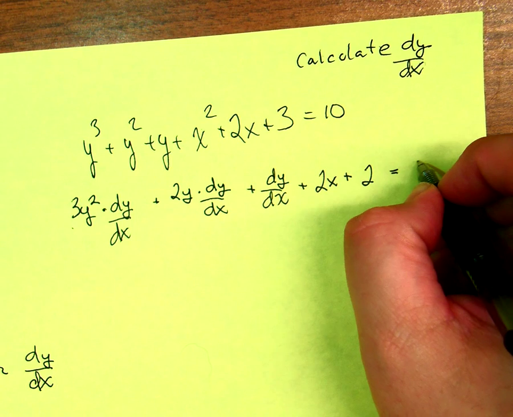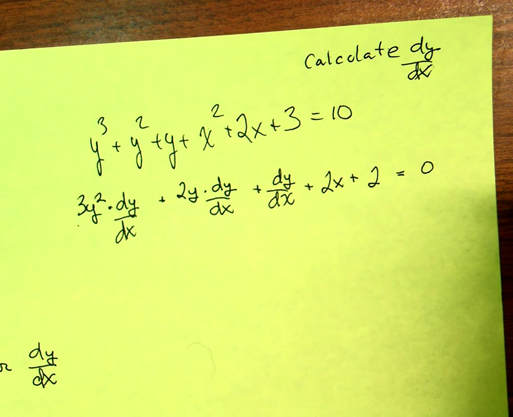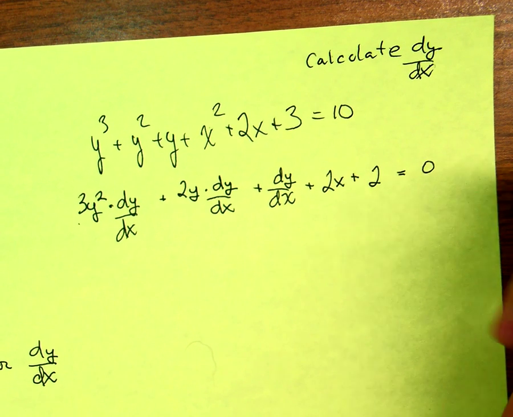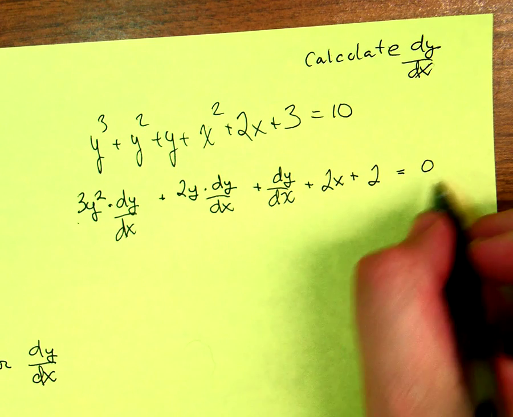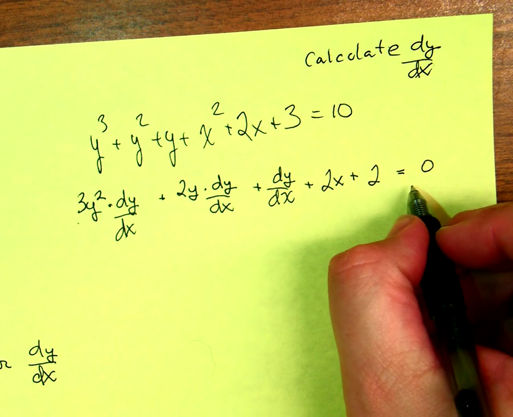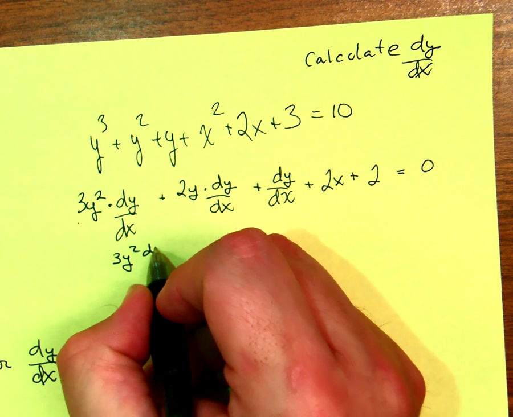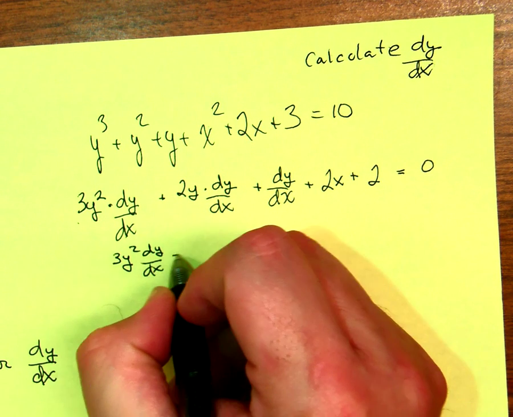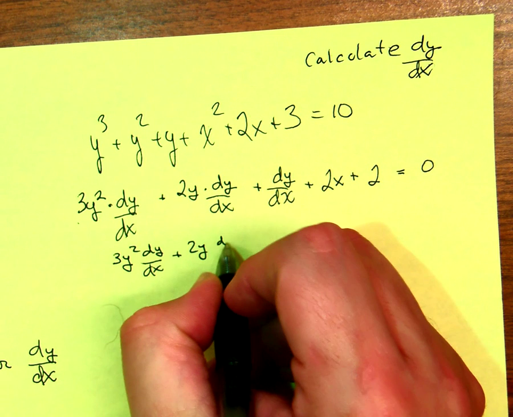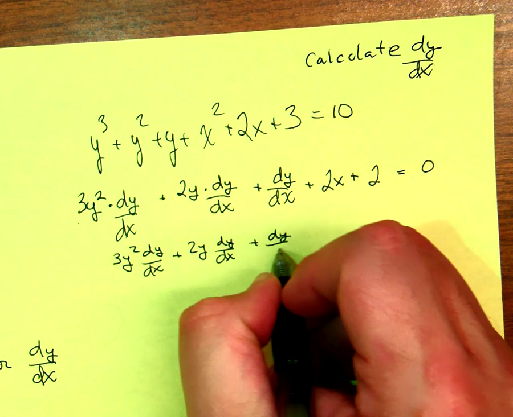Now, at this point, since I want dy dx all by itself, shouldn't I probably get rid of those? All right, so if I subtract those over, can I do that in my head? And rewrite this as 3y squared dy dx plus 2y dy dx plus dy dx is equal to negative 2x minus 2.